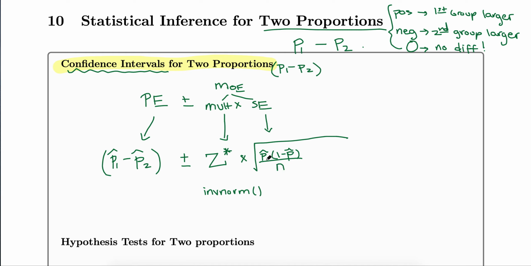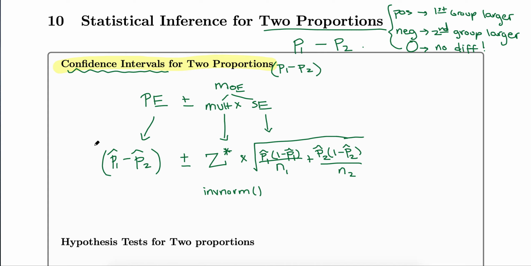So here, I'm just going to add the subscripts. I've got p1 hat, 1 minus p1 hat, over n1, so this is the variability contributed by my first group. Under the same giant square root, I need to also add the variability contributed by the second group. So p2 hat, 1 minus p2 hat, over n2. Again, all of this is under the same giant square root.